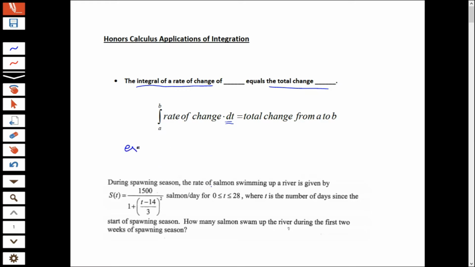For example, if I was to do the integral from 0 to 5 of v of t dt.